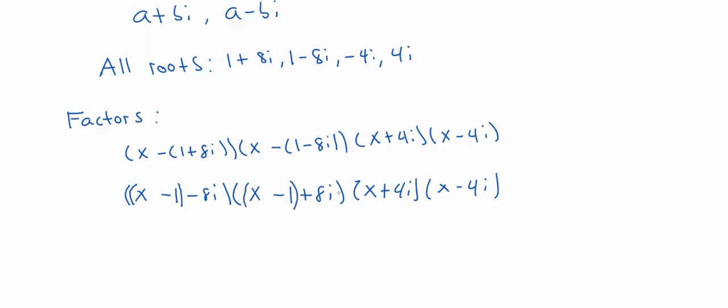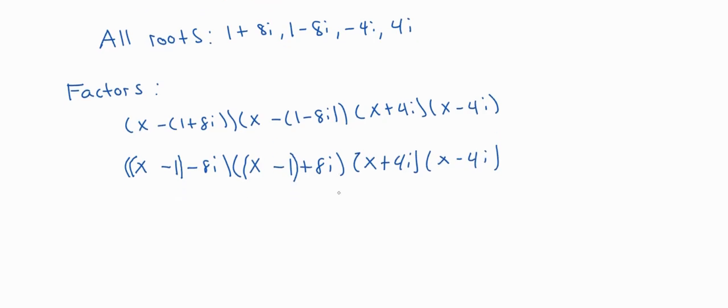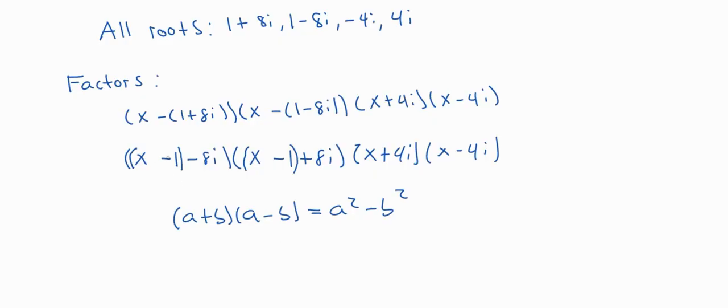And the reason I'm doing this is because I want to utilize this little property that if we have a plus b times a minus b, then we get a squared minus b squared. And notice that now we can apply that up here, because the way that these are written, this right here would be like my a, this would be like my b, and so I have a minus b and a plus b.